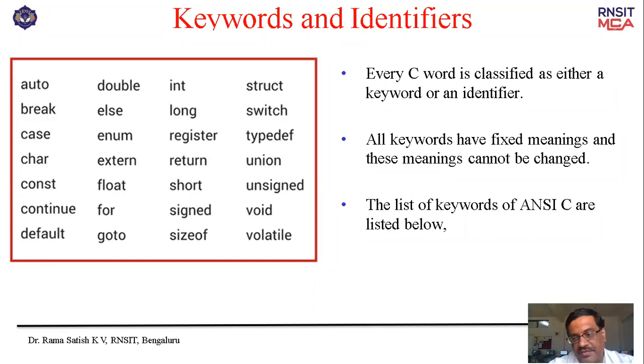They are already defined and are keywords only. All keywords have fixed meanings and these meanings cannot be changed. Int means integer only. Return means it will return the value only. So there is no change in their meaning.